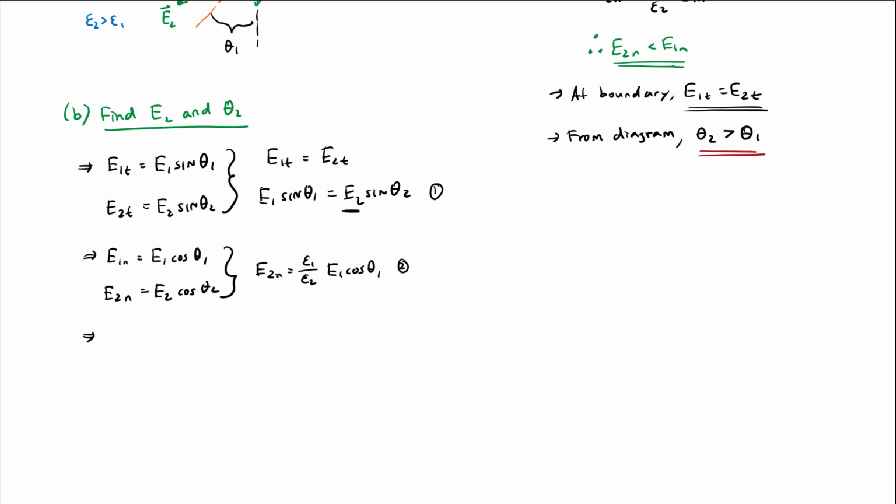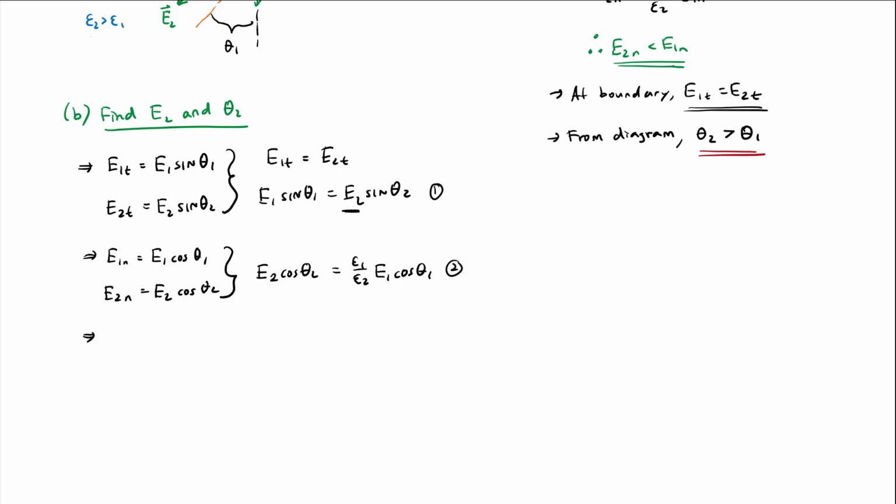In this case, it's not really clear what I have to do because I haven't finished substituting my E2n here. So why don't we simplify this? We have E2n being E2 cos theta 2 is equal to epsilon 1 over epsilon 2 E1 cos theta 1. And that should be our second equation.